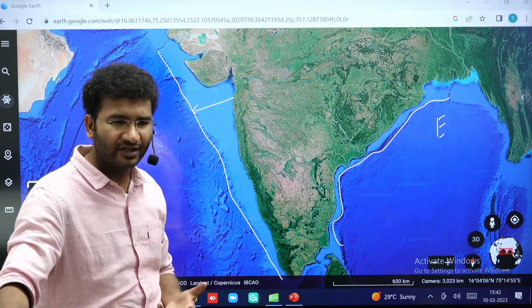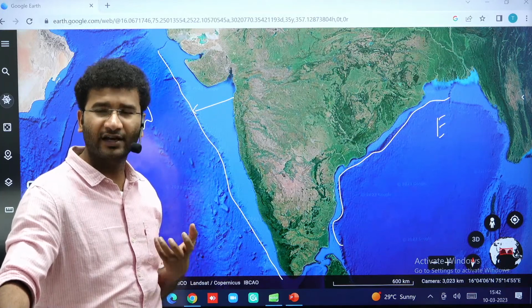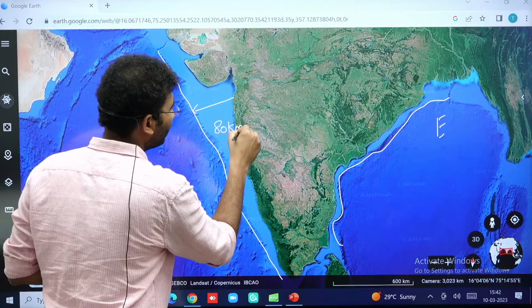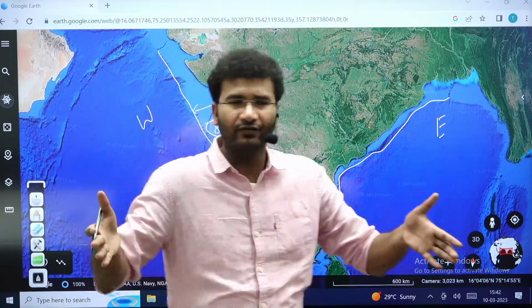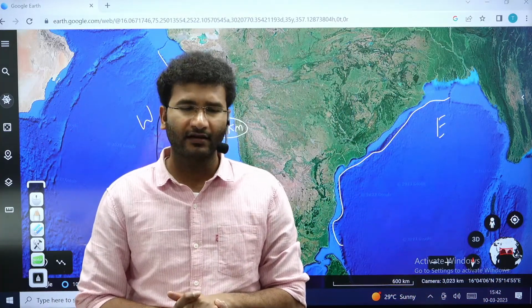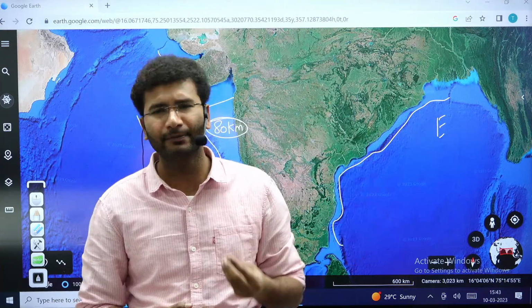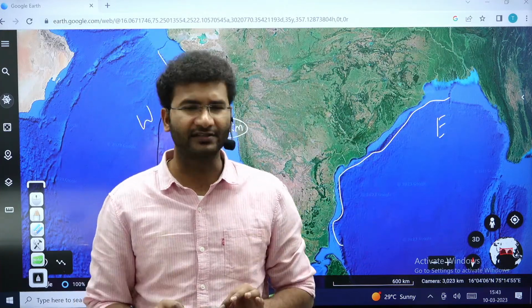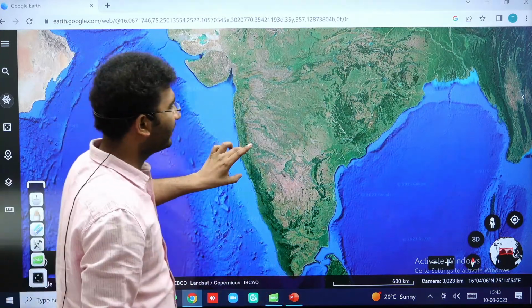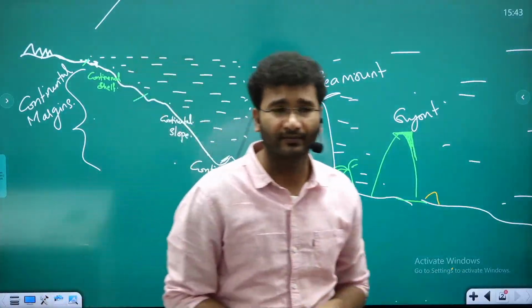On an average, across the globe, the continental shelves extend up to 80 kilometers. 80 kilometers is the average width of the continental shelf from the mainland continent, right? In some areas, it is 30 kilometers. In some areas, it is 15 kilometers. It depends on the type of landform. But you need to understand that the continental shelf is nothing but an extension of the continent into the ocean, right?